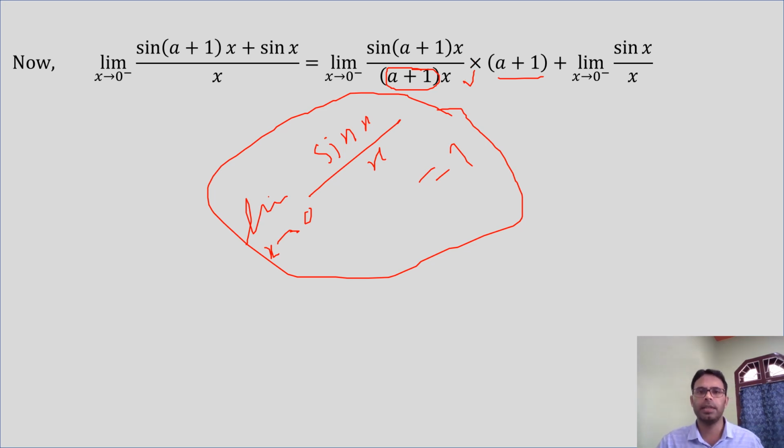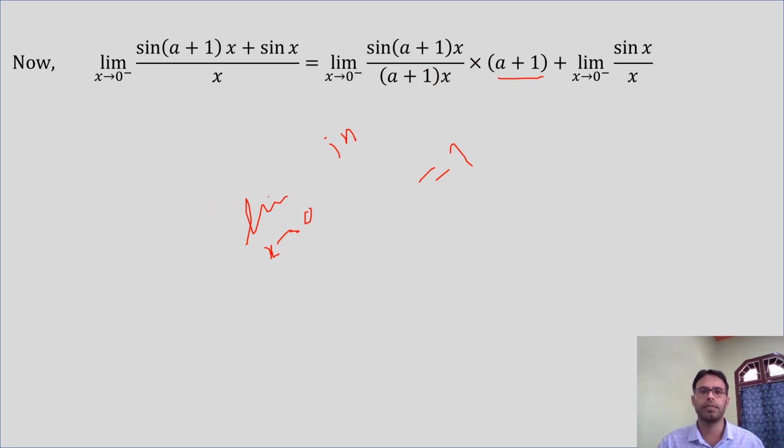Okay, so I am erasing this. Then you see here, this part is from this part actually, this part is written here, and sin x by x is already here.